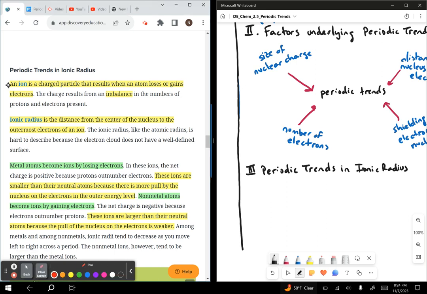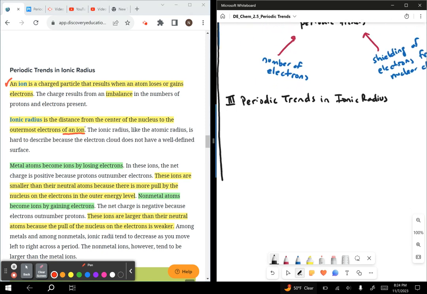This is just some old information. Ionic radius is the distance from the center of the nucleus to the outermost electron of an ion. That's really the only difference. It's very similar to an atomic radius.